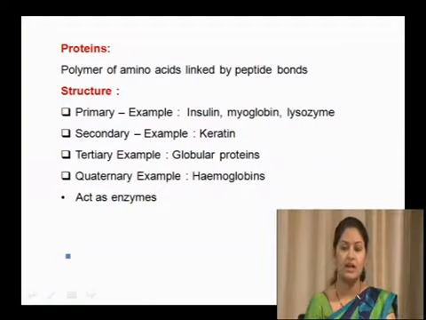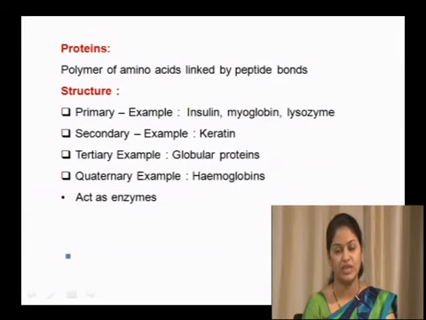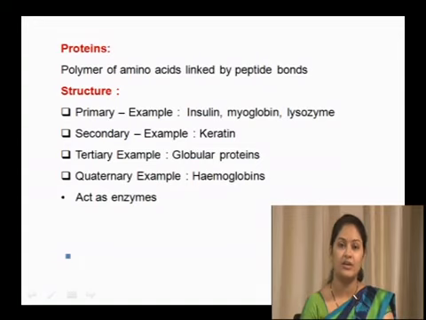In secondary proteins the polypeptide chain is coiled and shows a helical structure. You can include keratin here, the basic protein in our hair and nails, and in the hooves of animals.